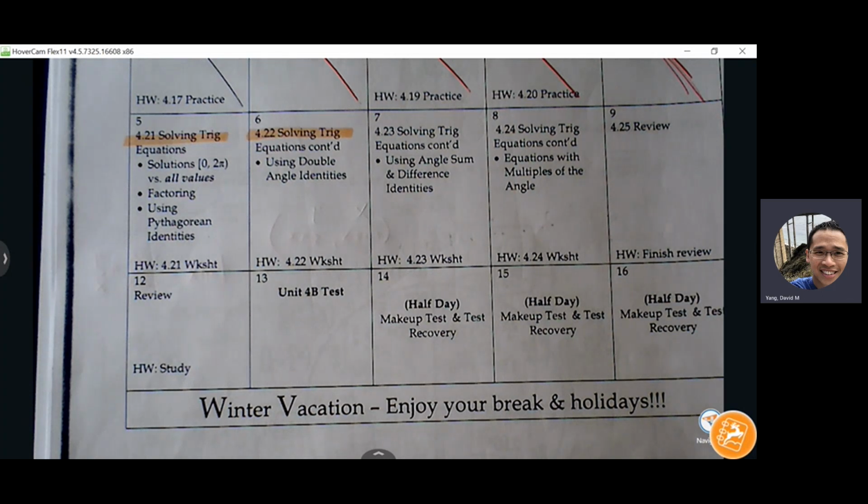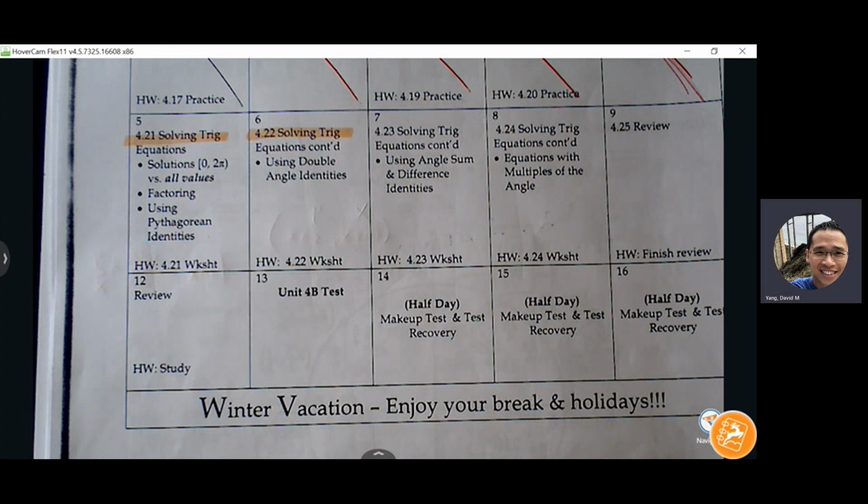The rest of the test I'll grade during the break, but I'm going to let you know by Tuesday if you make below a 75, so that you can make your plans accordingly, whether you want to do a recovery for that test.